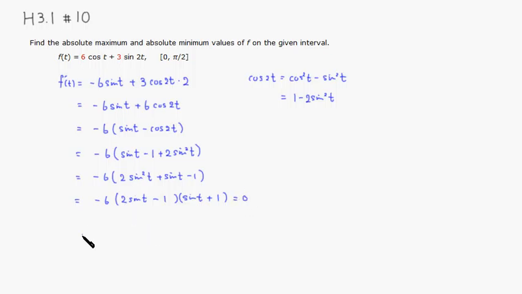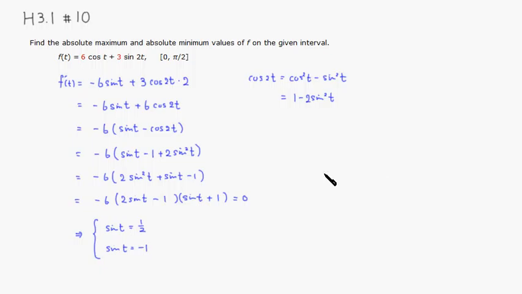That will give us 2 conditions: sine of t is either 1/2, or sine of t equals negative 1. Then we can use a unit circle.